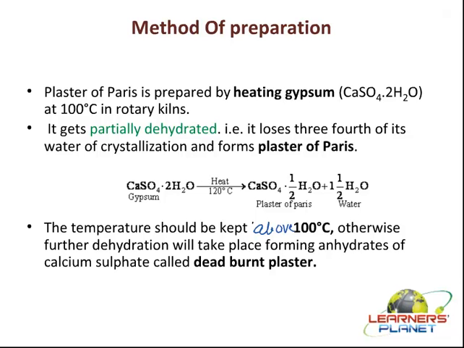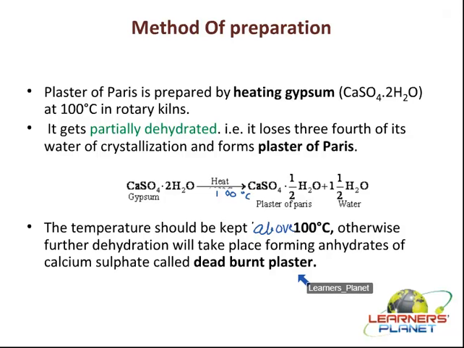If further dehydration takes place, what will happen, students? All the water molecules will be lost. Right? And what you will get is dead burnt plaster. And it would be of no use.